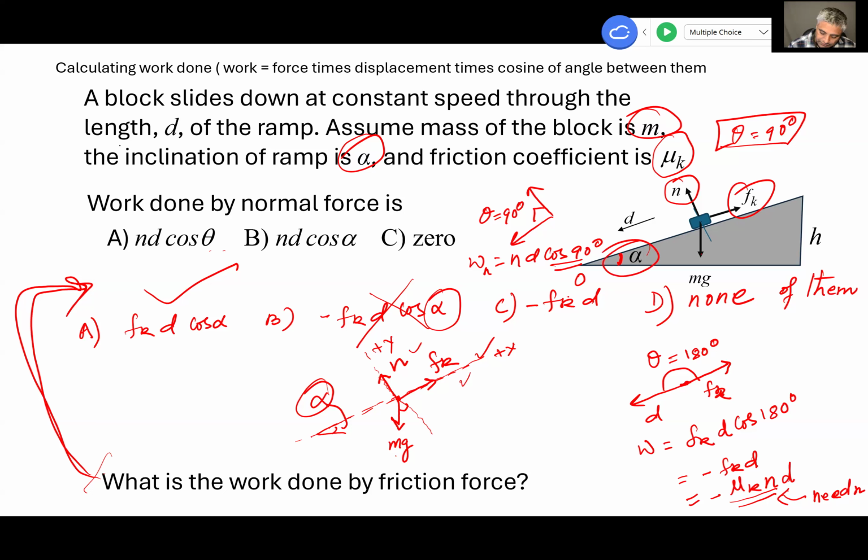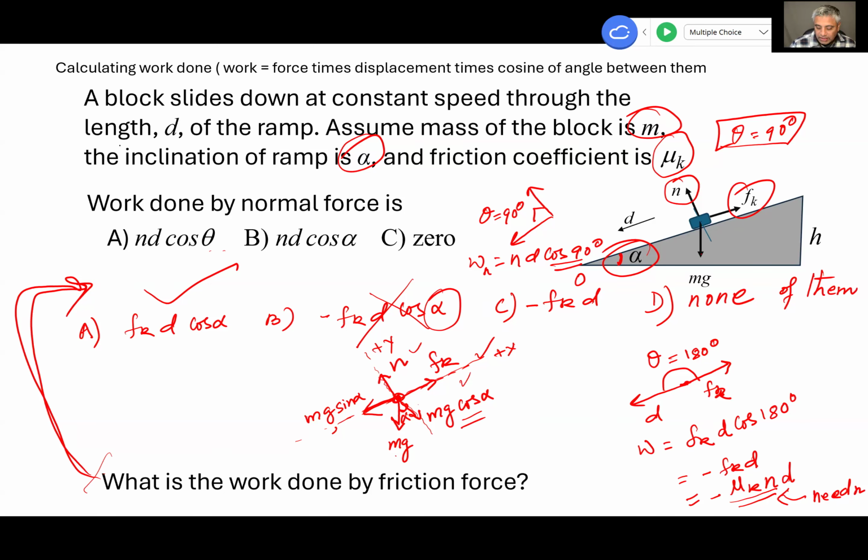This is alpha. So this component is going to be mg cosine alpha, because that's the adjacent side to this angle. Another one is going to be this side, which is mg sine alpha. Once one is cosine, the other is going to be sine.